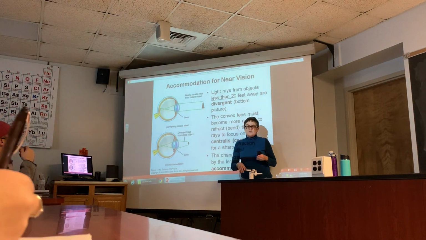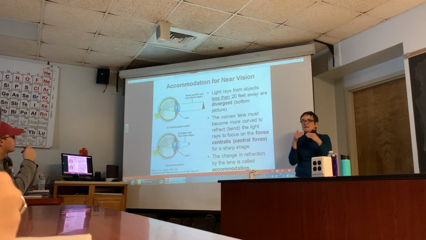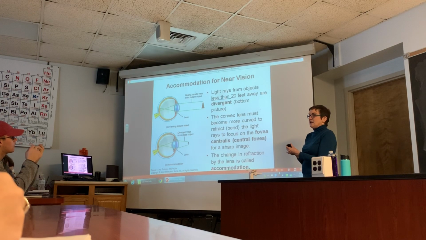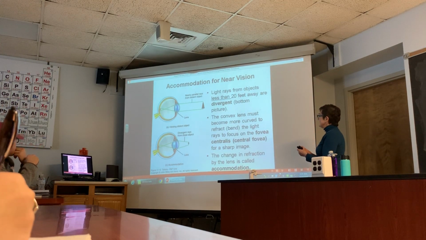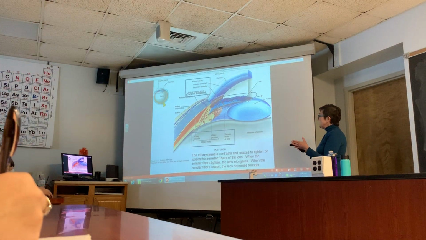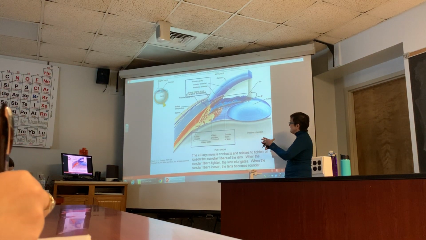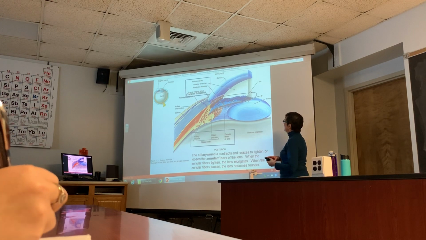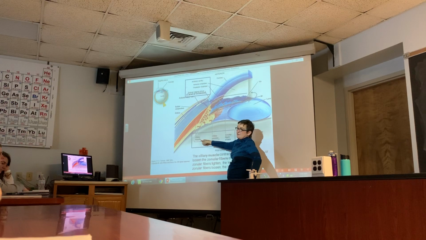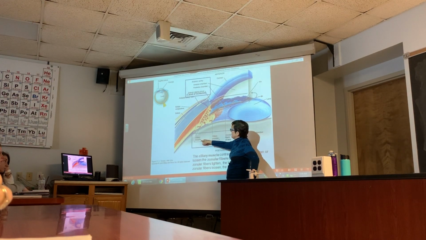So when we talk about accommodation, that's referring specifically to the focusing during near vision and anything less than 20 feet away. And what accommodates the lens, or allows the lens to stretch back out again, is the ciliary muscle in the ciliary body.